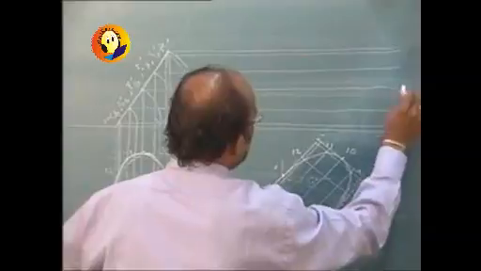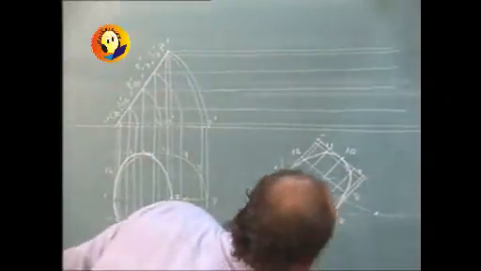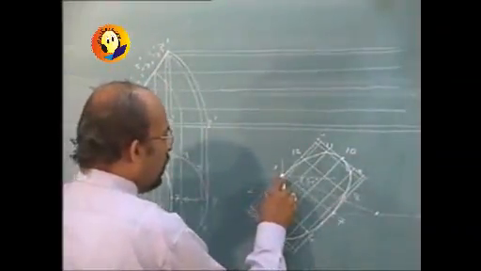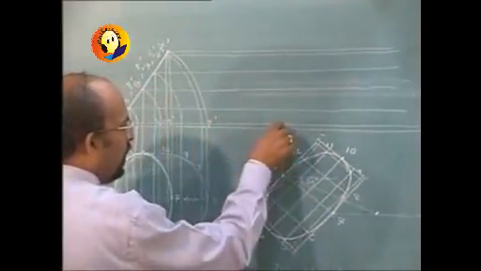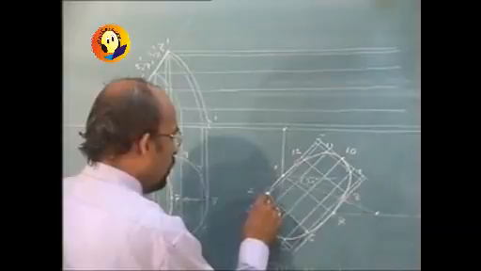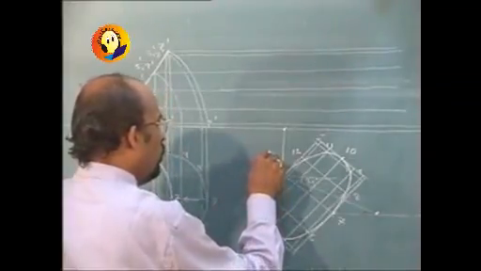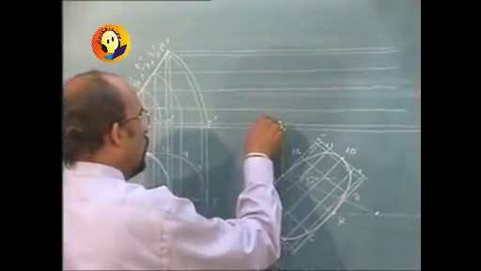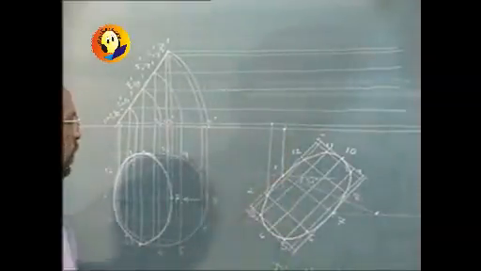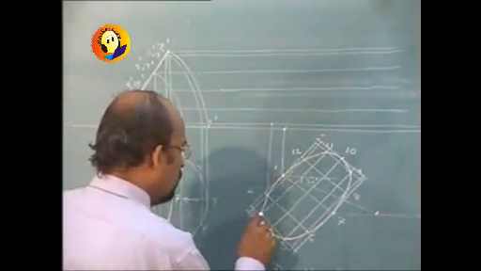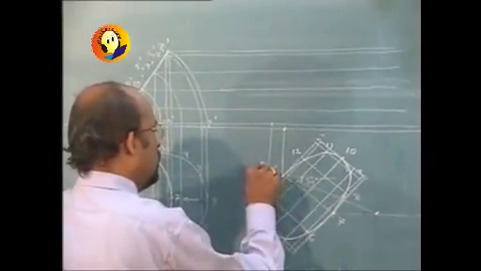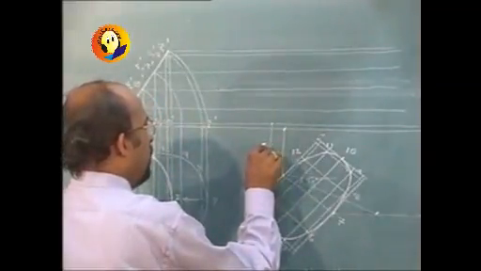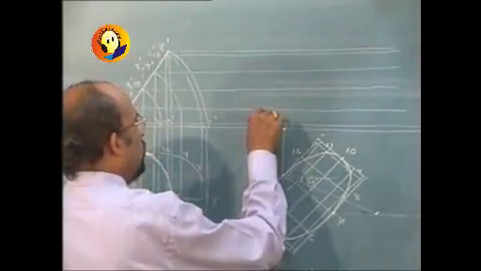And once we draw these paths, then we are required to mark each point one by one. This is projector of 1, path of 1, we get point 1. Projector through point 2, path of 2, we get point 2. Projector through point 3 up to path of 3.